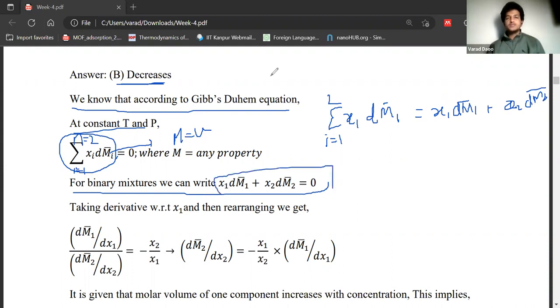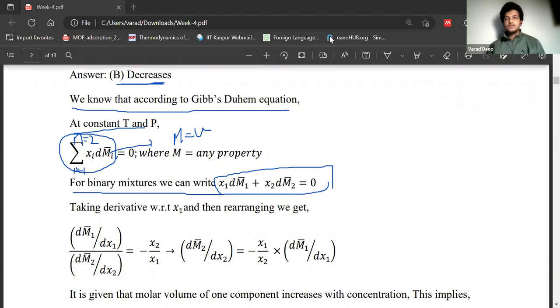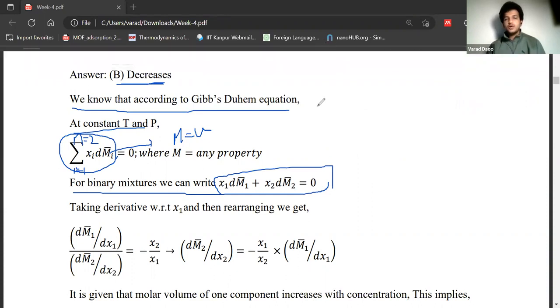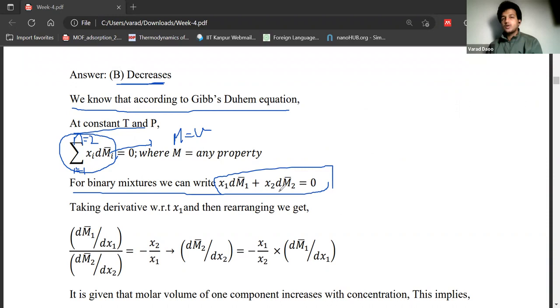Then let me rewrite it. Then we have this expression. Here I have skipped a couple of steps, so I will write it down. What we basically have is x1 dm1 bar.